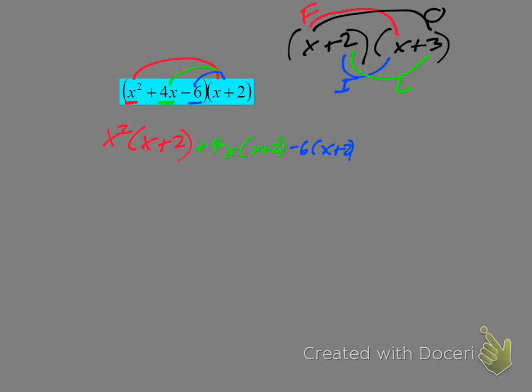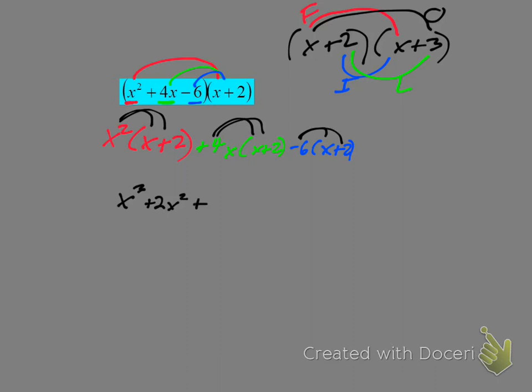Do those 3 distributes. So x squared times x plus 2, 4x times x plus 2, negative 6 times x plus 2. So then you do all 6 of those multiplications. Alright, so going through, x squared times x gives you x to the third. X squared times 2 gives you 2x to the second.